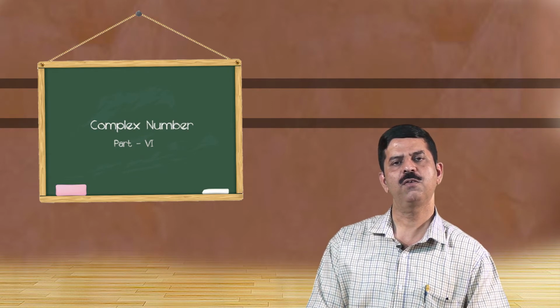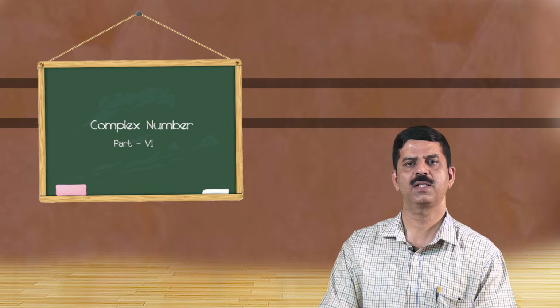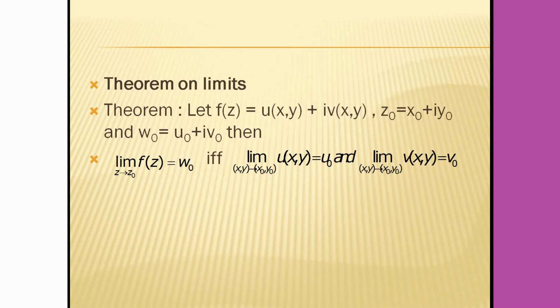Now, there are different types of theorems in the limits topic. The first theorem that I am going to state here: take the limit of f of z, and I will write f of z in terms of real and imaginary parts, f of z is equal to u of xy plus i into v of xy. Now, I have taken a point z naught, which is x naught plus i y naught, and w naught is equal to u naught plus i v naught.